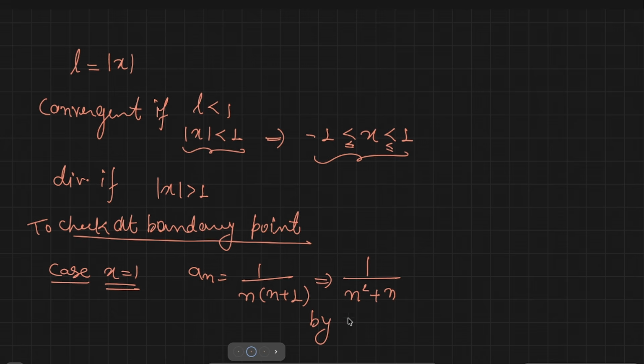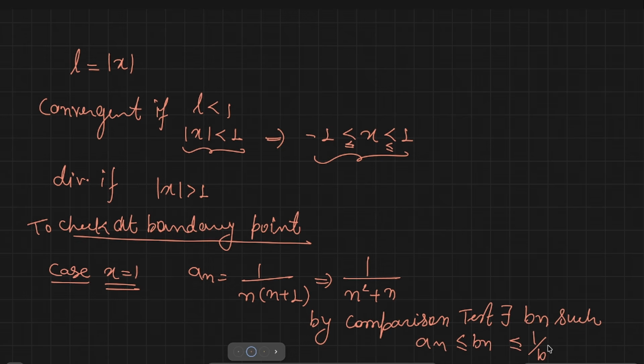By comparison test, there exists a bn such that an is less than bn, and that is basically 1 by n square. You can think in that manner. It means that 1 upon n square plus n is less than 1 by n square.